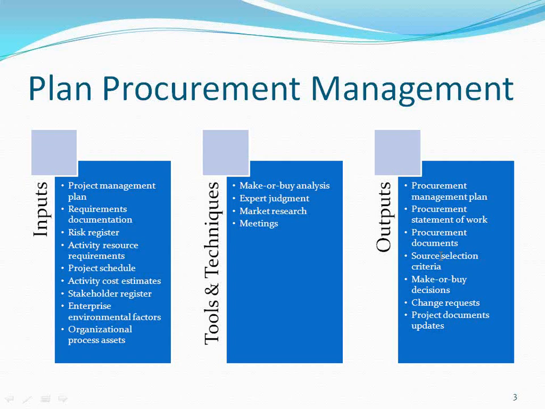You do a make or buy analysis. Sometimes you do it based on the cost benefit. Sometimes you decide based on the availability of skills. If skills are available, you can do it yourself. If skills are not available, you will buy it from outside.